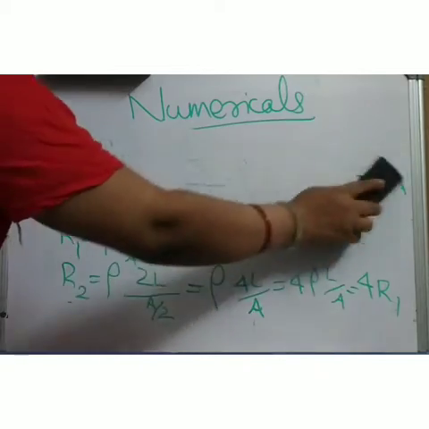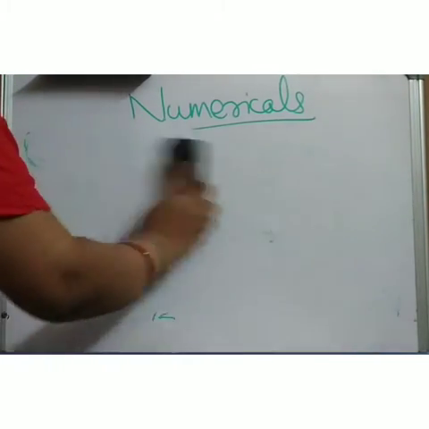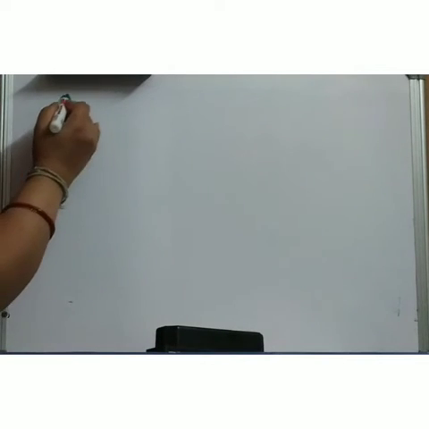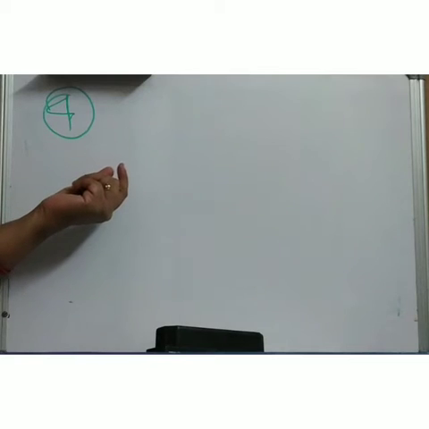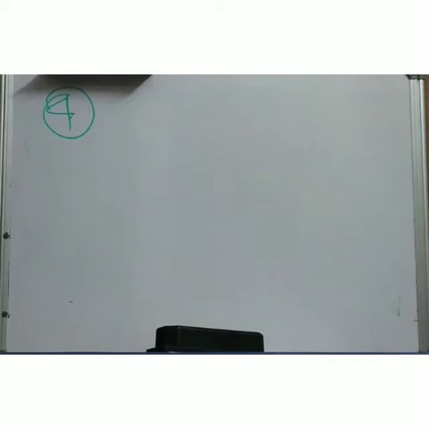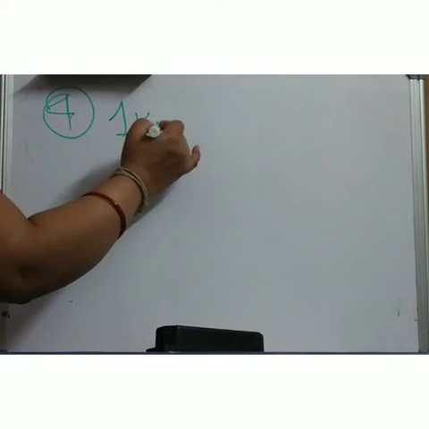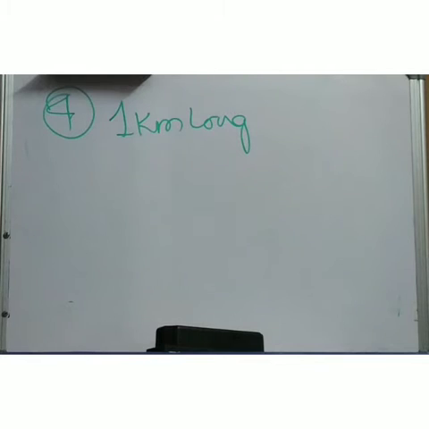Next question we are going to discuss. I need more space to do all the numericals. So the fourth question is: calculate the resistance of a 1 kilometer long copper wire.